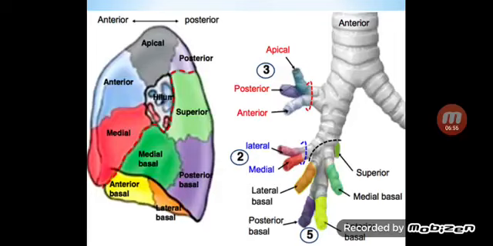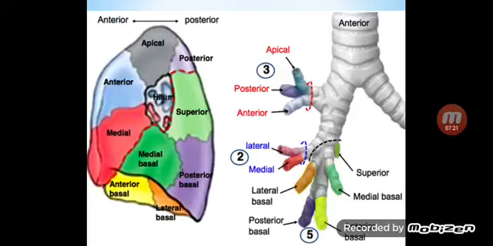The superior lobe has apical, anterior, and posterior segments. The middle lobe, shown in purple on the slide, has medial and lateral segments.